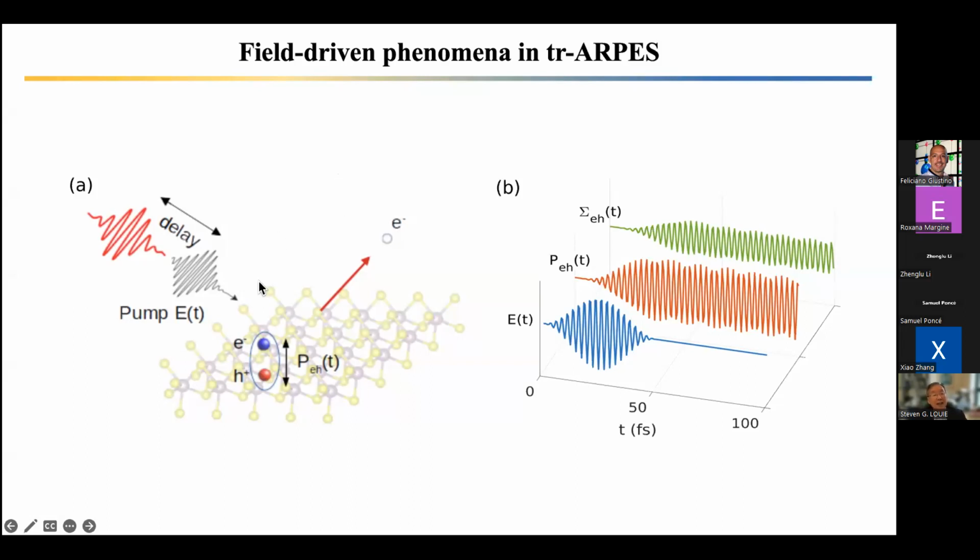The idea here is that you pump the system with optical light to drive it to a non-equilibrium state, and then you probe it later with another beam of light to do a photoemission measurement.